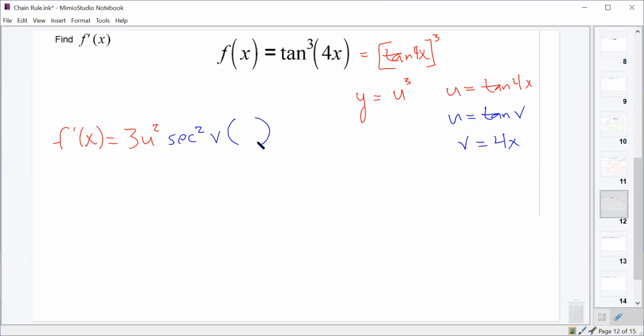And then we need to multiply that by the derivative of 4x, which is 4. So we end up with 12 u squared. So that'd be tangent squared 4x. And then secant squared v, or secant squared 4x. Good or no?